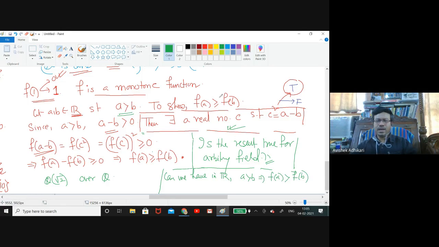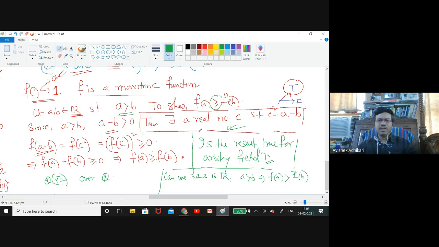I put an equality here. Can we have f(A) strictly greater than f(B)? That means f is a strictly monotone increasing function.